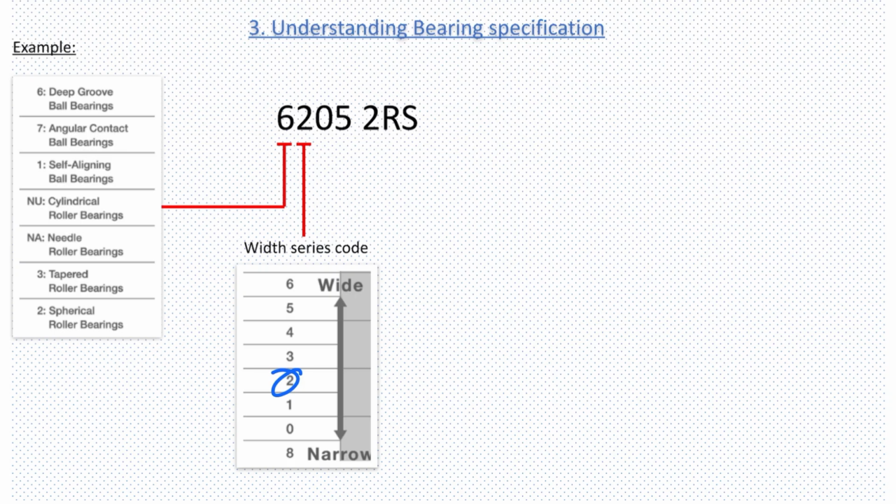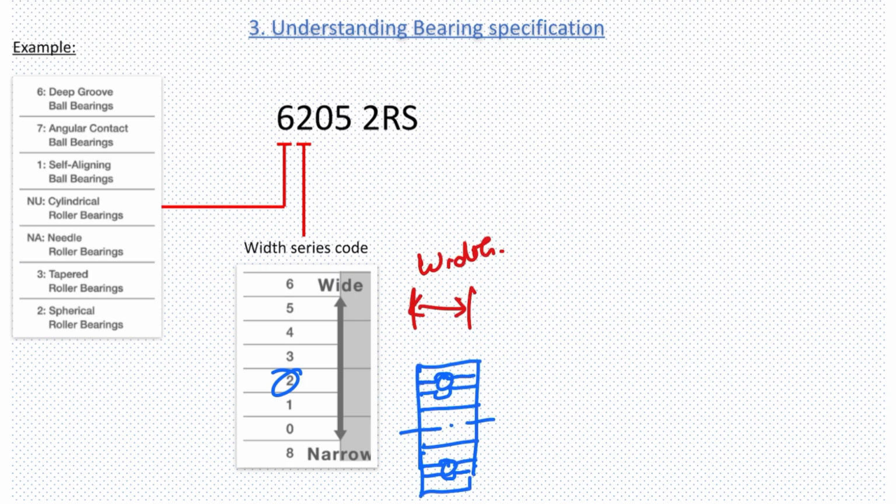Depending on the application, we can select the width we require in our assembly, how much space we have, and how much load carrying capacity is needed. Accordingly, we can choose this.